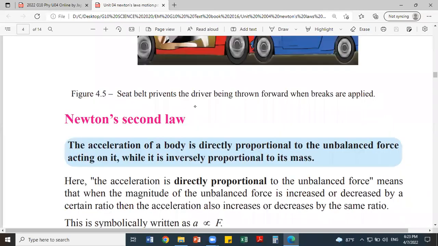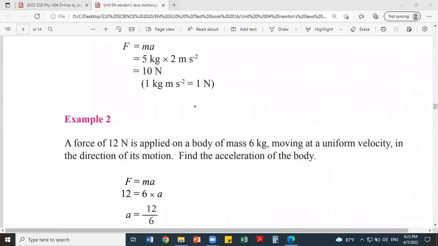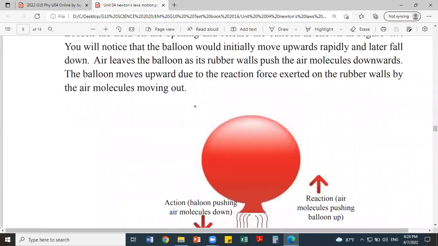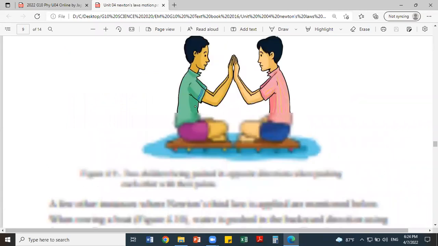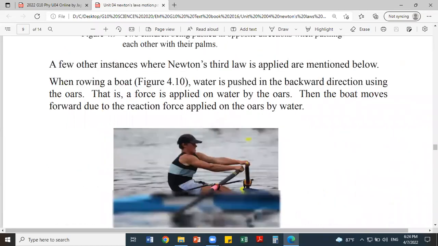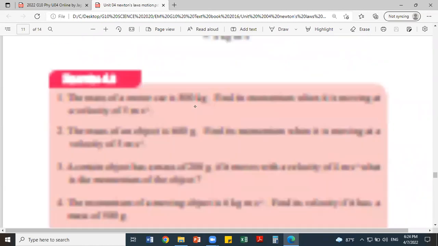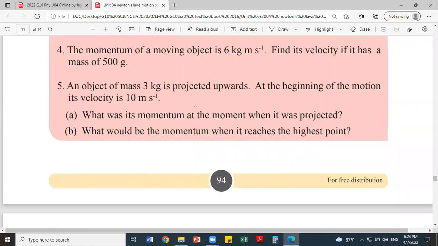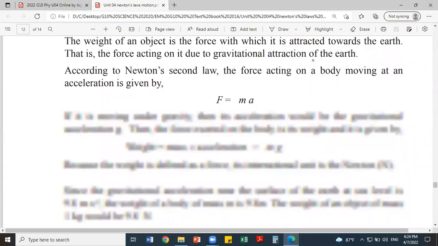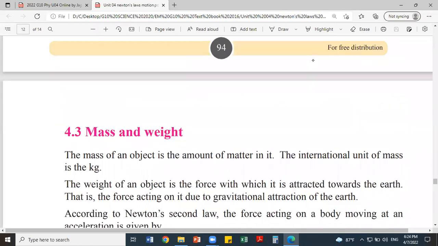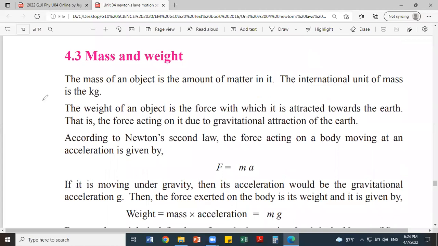The difference between mass and weight of an object is given in your textbook also, page number 95, right? In your textbook, page 95.